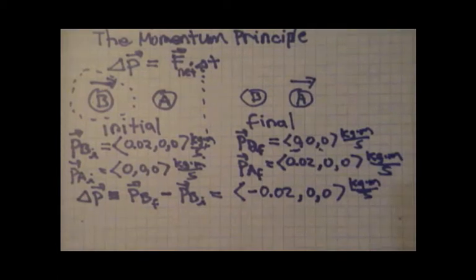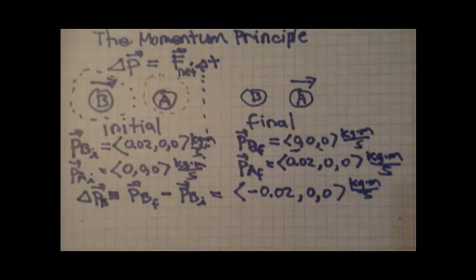Okay, so the last thing I'll consider in this example is we chose ball B to be our system, and that's how we've analyzed the momentum principle so far. Suppose instead we chose ball A to be our system. So I'll draw this in red.